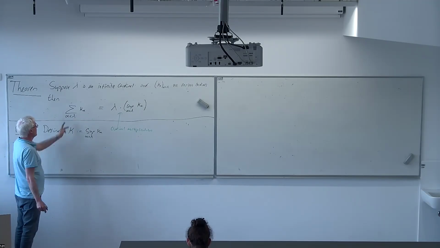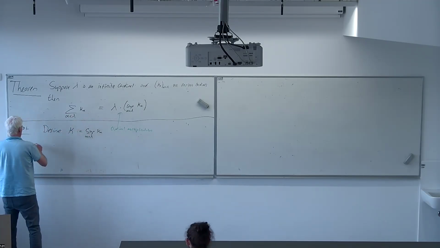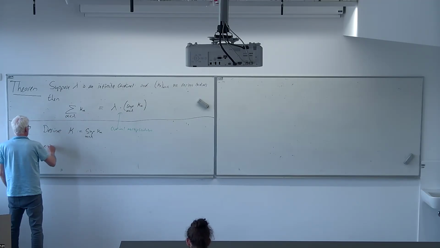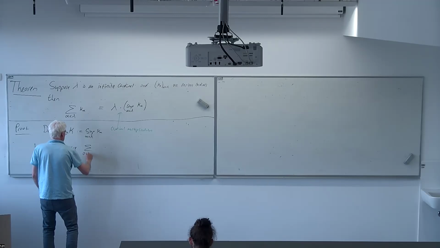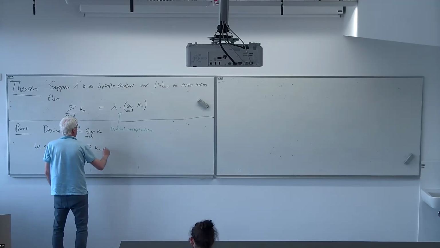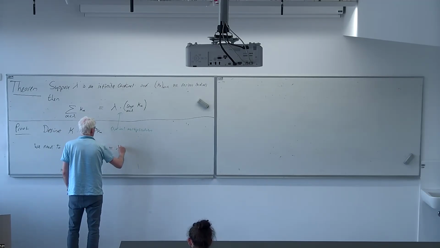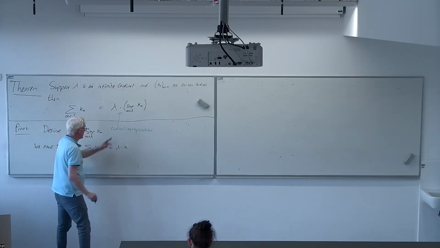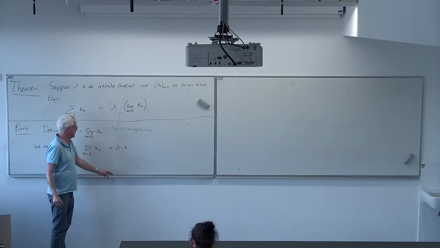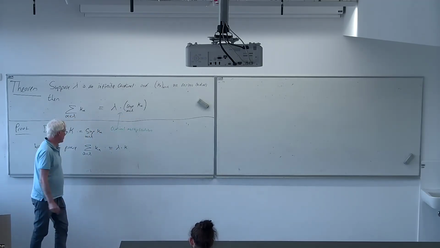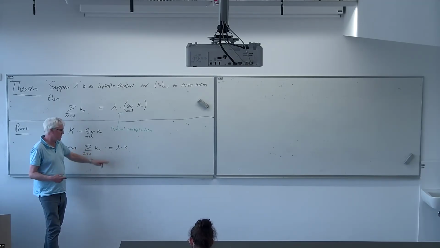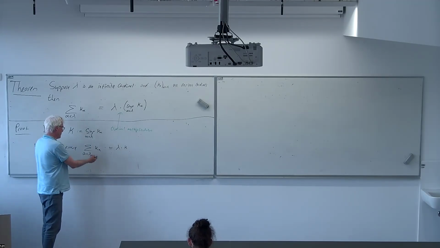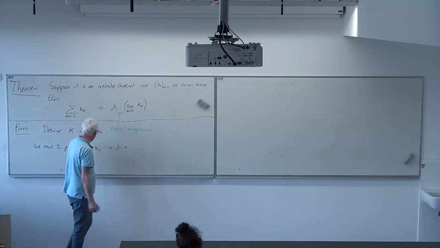And what we want to prove is this equality: the sum of the kappa alphas is equal to lambda times kappa. We simply introduce the notation kappa for this part. As is usual, to prove a cardinal equality, the easy way is to prove two inequalities. So we'll first prove that the left-hand side is less than or equal to the right-hand side.